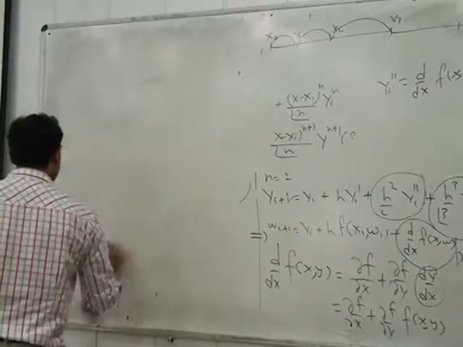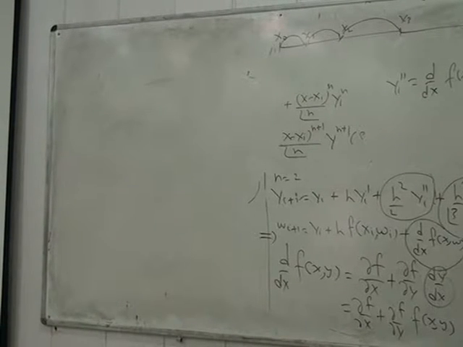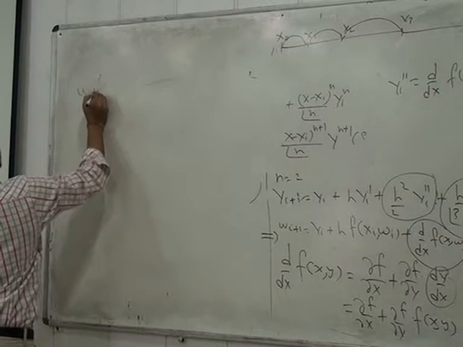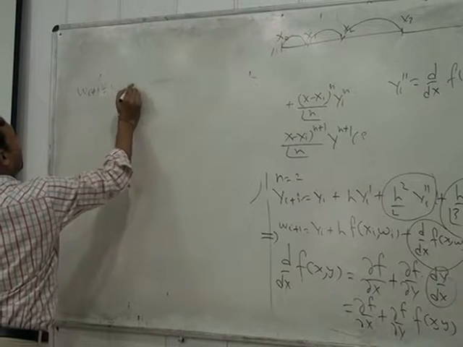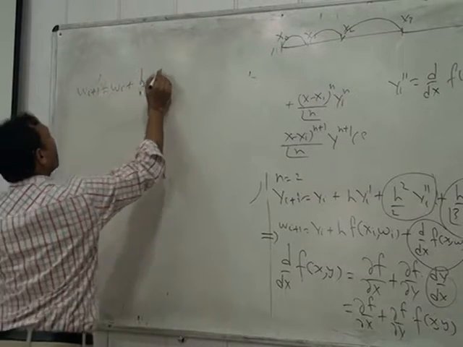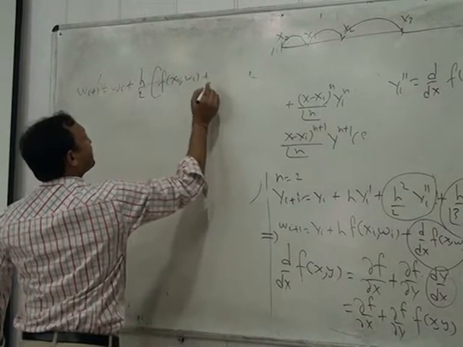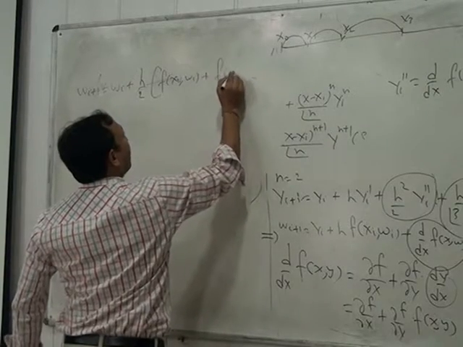Let us go with the Euler modified scheme. What is the formula for the Euler modified scheme? W(i+1) = Wi + h/2 [f(xi, Wi) + f(x(i+1), Z(i+1))].